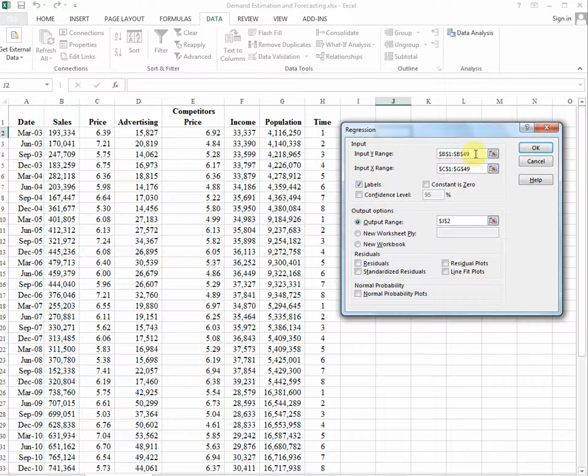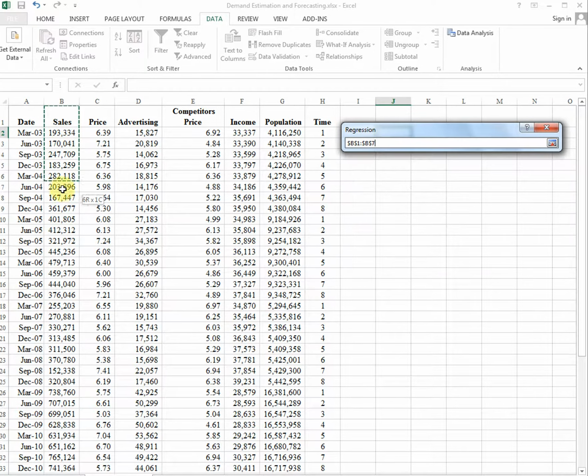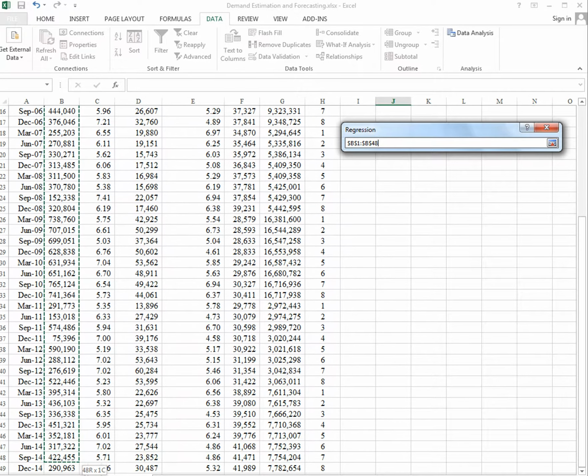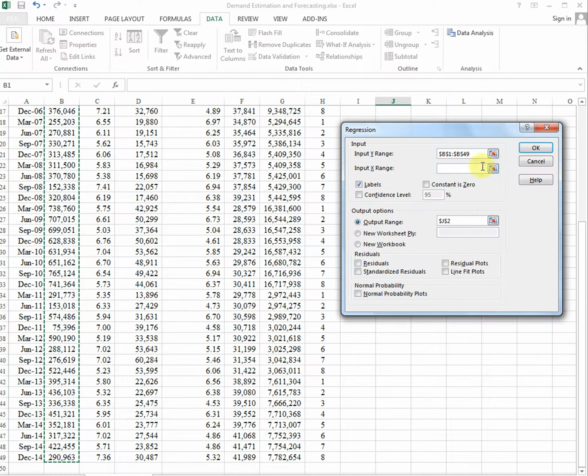So I'm going to redo everything. First thing is Input Y Range, the dependent variable. The dependent variable in our case is the sales quantity, so highlight all of it. Done. Independent variables are the Input X Range, so this would be all of this. Ignore the time for now, we don't need it. We are not interested in technology, so we don't include it.